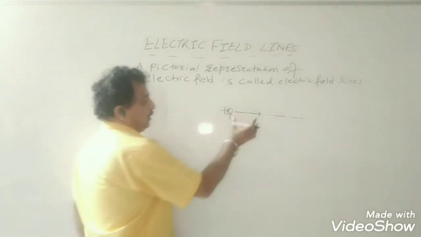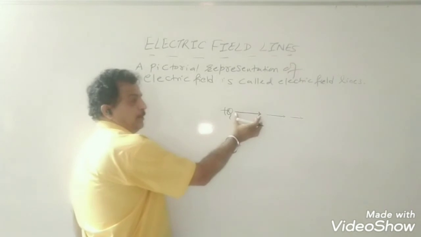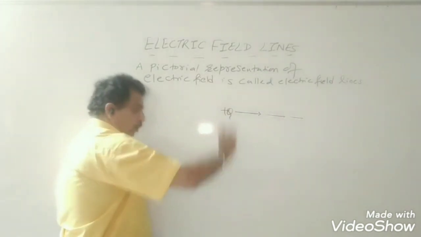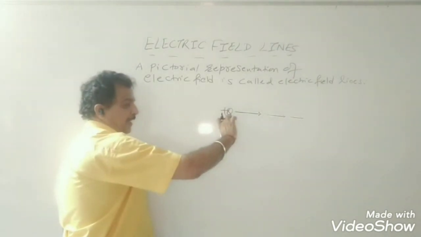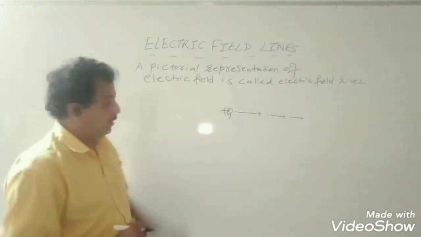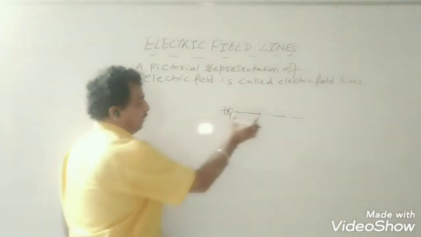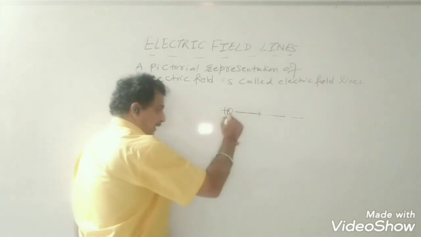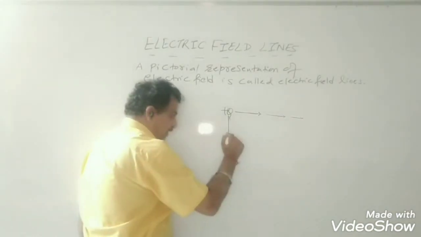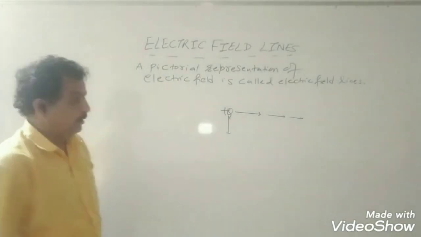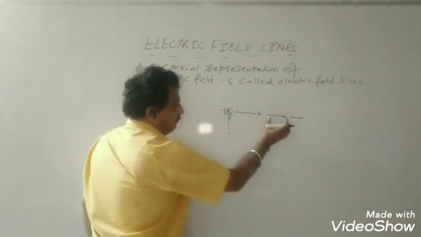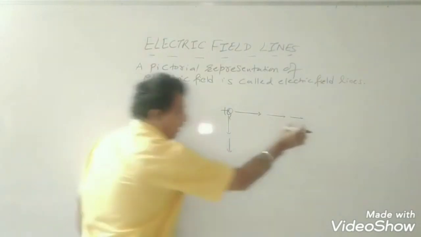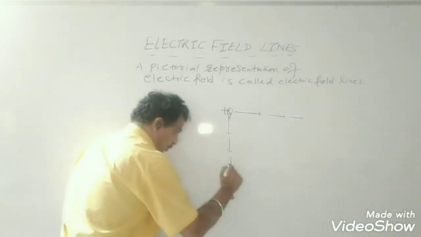Now suppose this distance is 5 centimeter. Now if I keep a test charge 5 centimeter along this axis or at this side, again the force of repulsion will be the same. So if I have drawn this length of an arrow on this side, I will draw the same length on this side also. Again I am moving away, so again a small length.